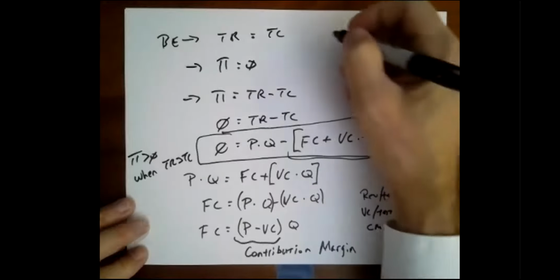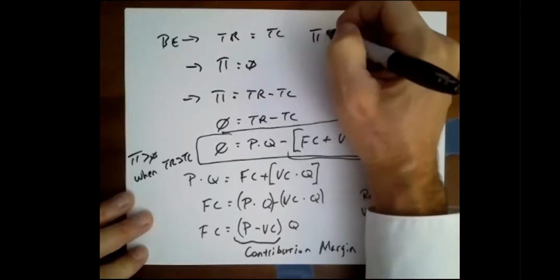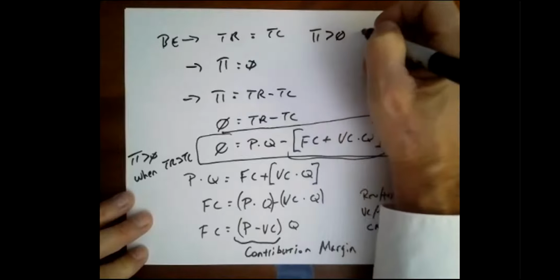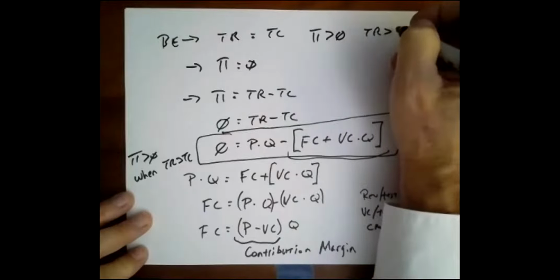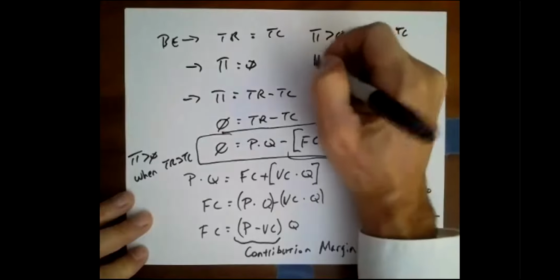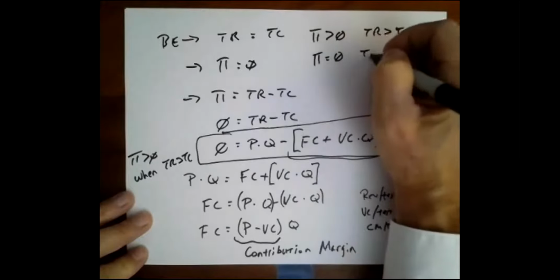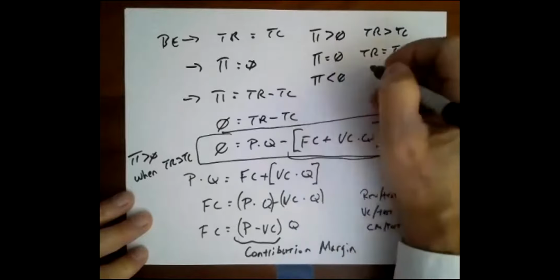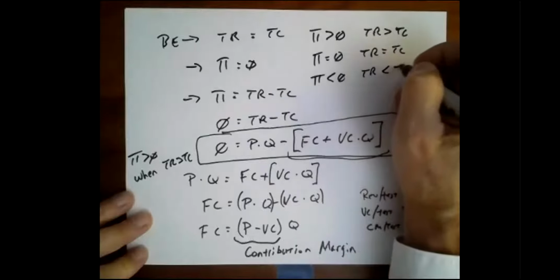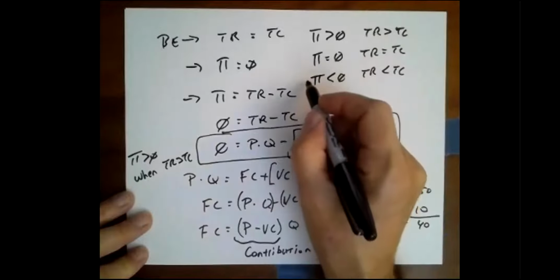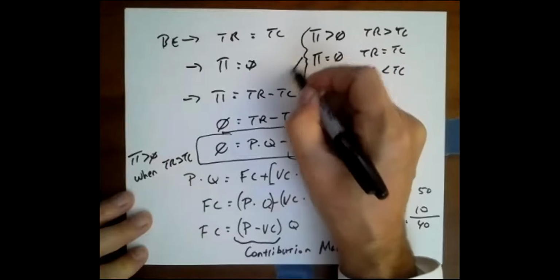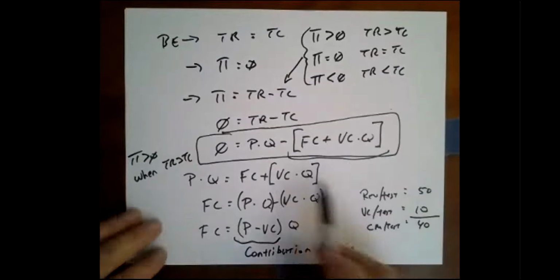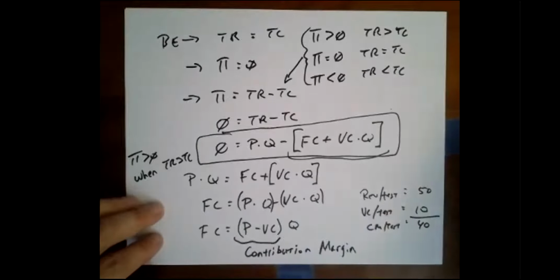Profit is greater than zero when total revenue is greater than total cost. Profit equals zero when total revenue equals total cost, and profit is less than zero when total revenue is less than total cost. So that all kind of flows from this basic statement here. Okay.